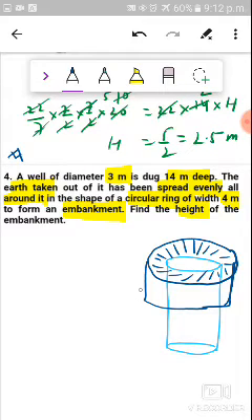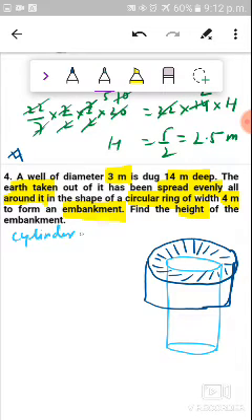So first of all, I'm going to write for the cylinder, that is the well, which is cylindrical.